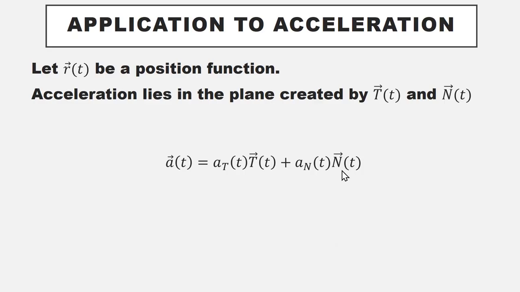We, on one of our examples, had a very difficult time getting the unit normal vector. There is a possible scenario where you can find the unit normal vector by utilizing this equation. You could find the acceleration, you could find the a sub t, you could find the unit tangent, and you could find the a sub n, and then you could solve for the unit normal vector.